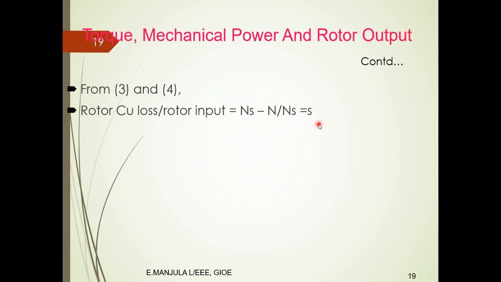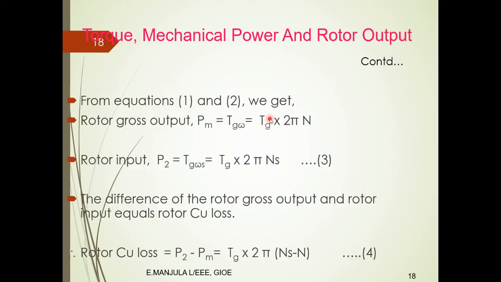So we know this is the slip. Rotor copper losses, P2cu, divided by rotor input P2, is Ns minus n over Ns according to the above equations. So if Tg, this divided by this. Okay, I will write that there.